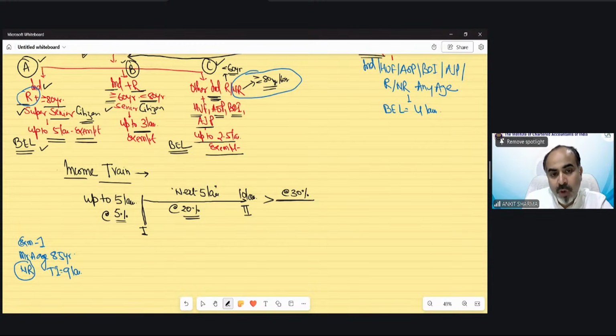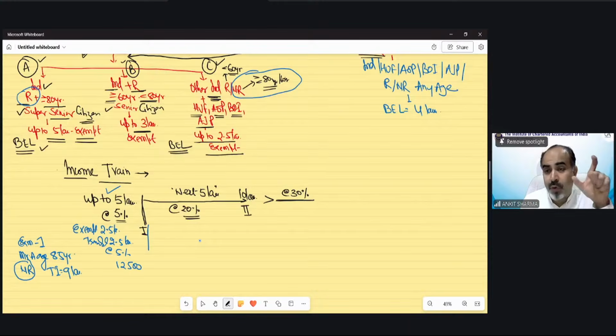Now up to rupees 5 lakh, the basic exemption limit is 2.5. So how much is going to be taxed up to rupees 5 lakh? If out of 5 lakh, 2.5 lakh is exempt, the balance taxable value is 2.5 lakh and the rate would be 5%. That means 12,500 rupees.